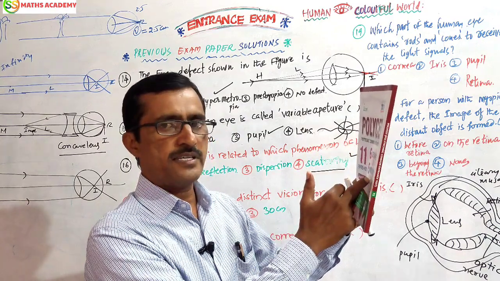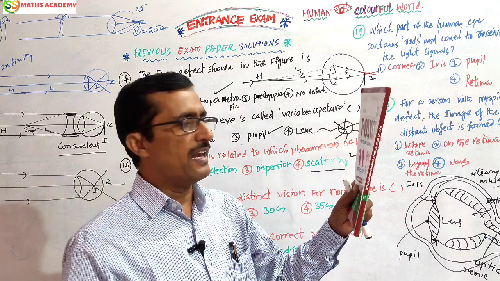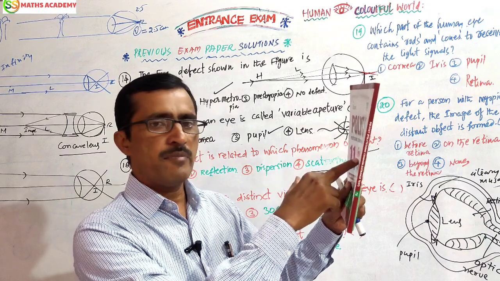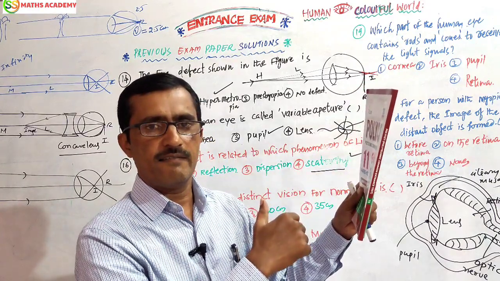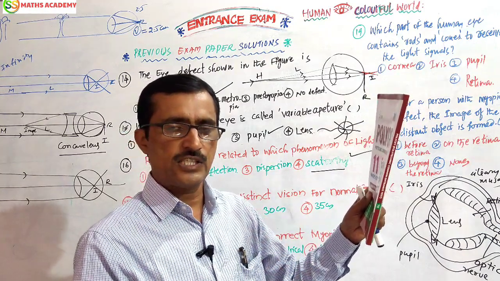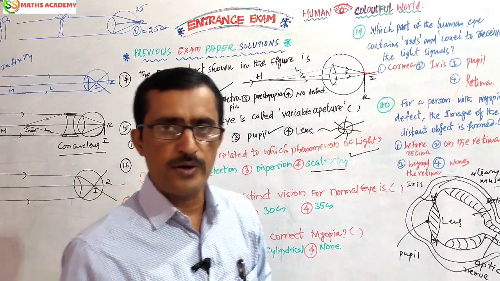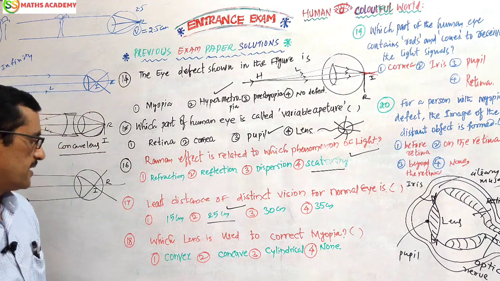We can see the object without any strain. So the minimum distance at which an object appears very clear without any strain or stress to the human eye is called the least distance of distinct vision, nearly 25 centimeter. So 25 centimeter is the correct answer.